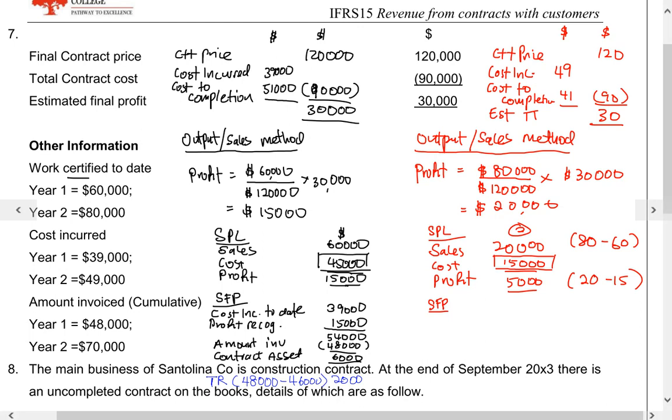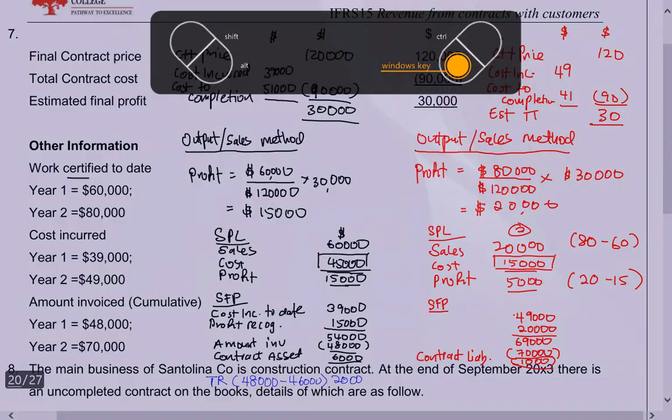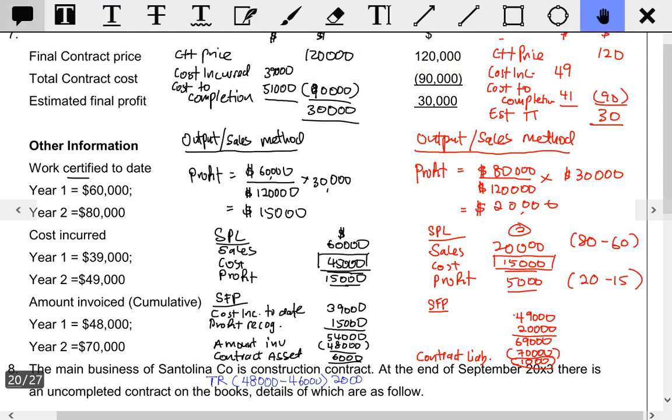Invoice amount 70. So it's a contract liability. Trade receivable 70.